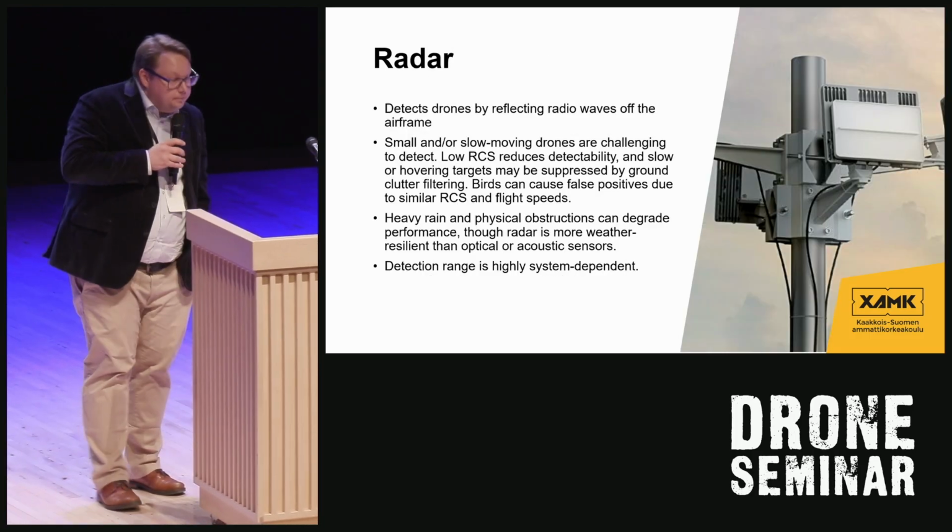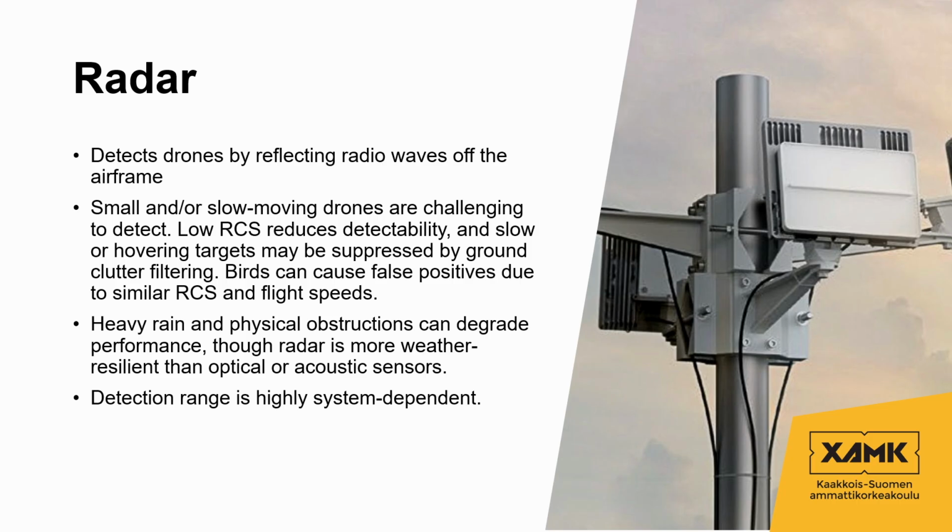Then radar. This is maybe one of the more reliable ways to detect objects in the air. The radar panel transmits signals and listens to the echoes from the object in the air. But the challenge is that the smaller the object, the fewer echoes it sends back.